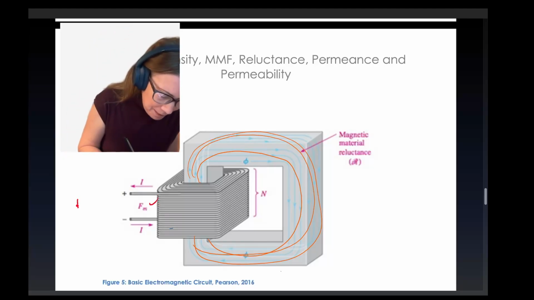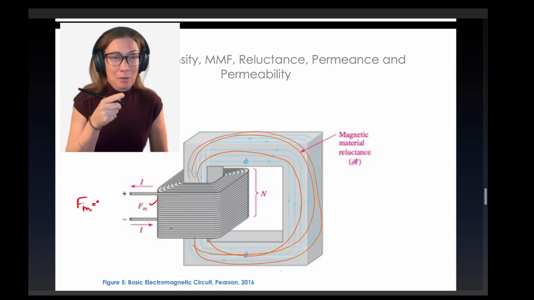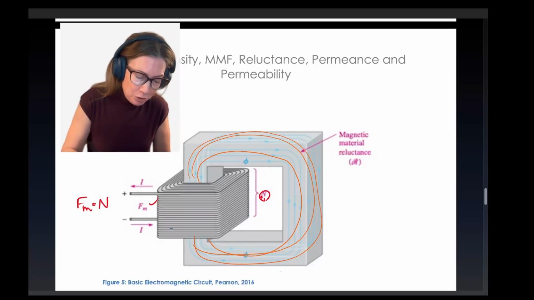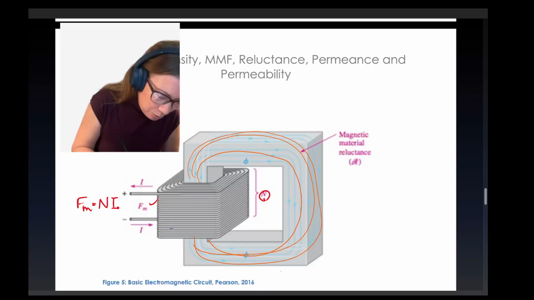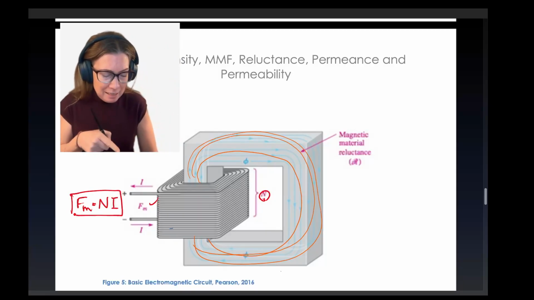That's Fm, the amount of force that we can make because of these wires, and it is the number of turns times the actual current that went through. So this is magnetomotive force that's getting induced in here.